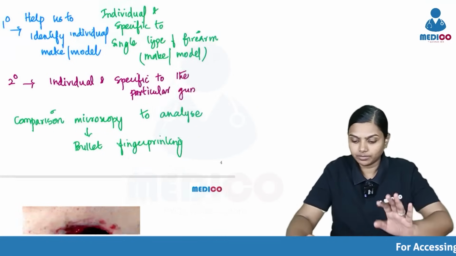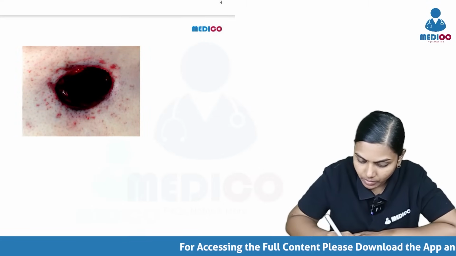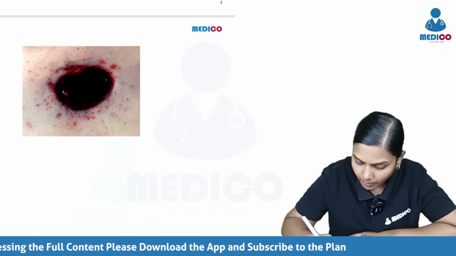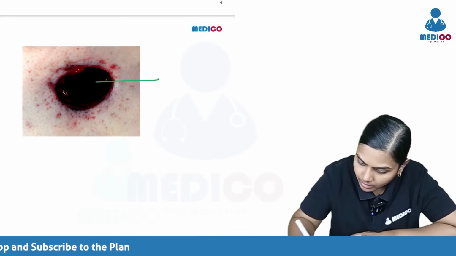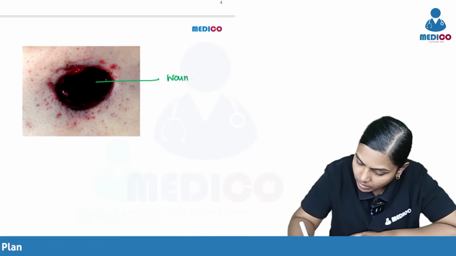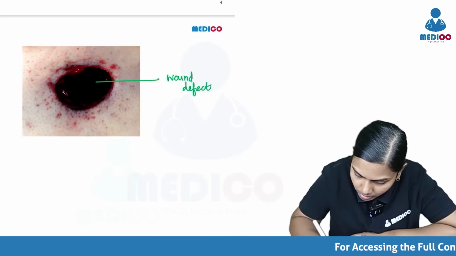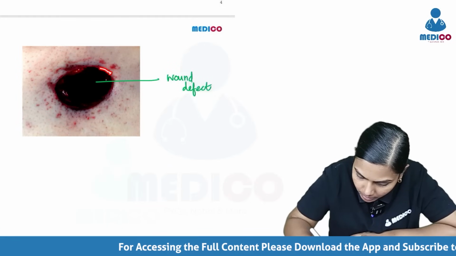Clear? Now, do you see this injury here? Just see closely. Here, this is the injury, right? This is the wound. Now, you see other things also. Do you see this?